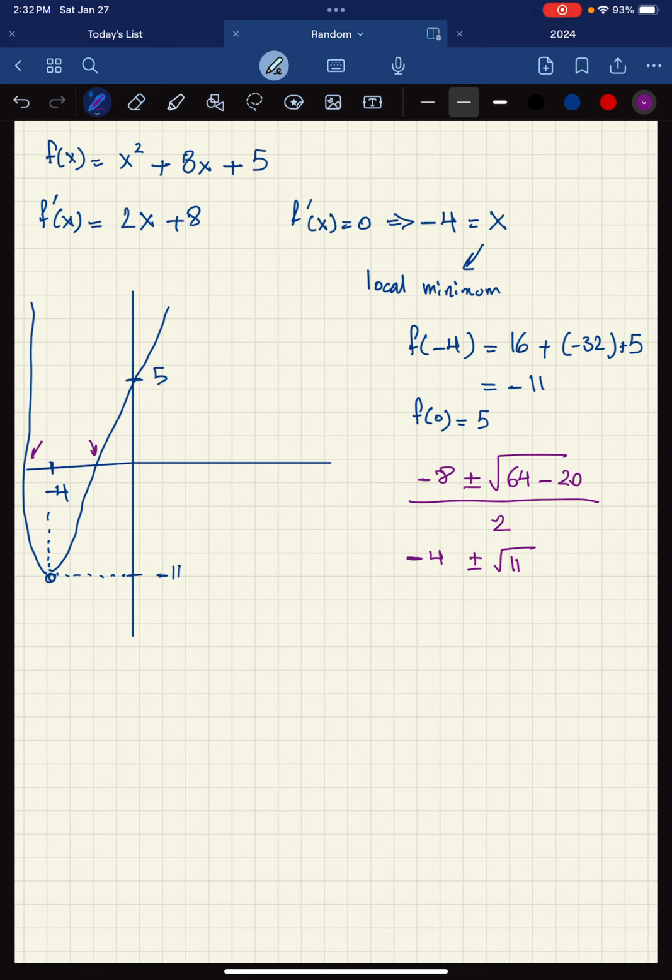But let's say we are not going to use calculus to solve this. Let's say our function is more complicated than this, and we want to find a local or global minimum. How can we do that?